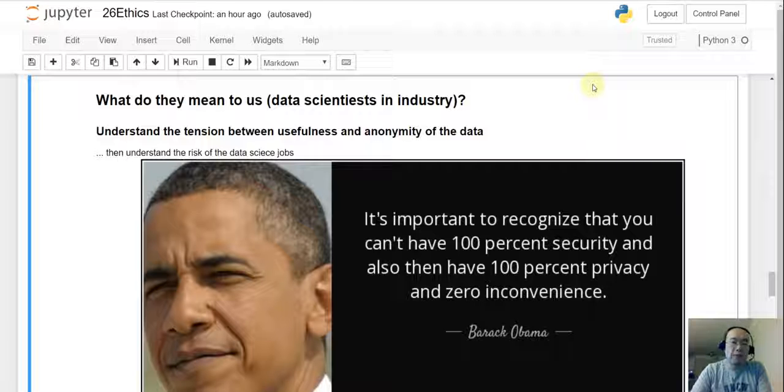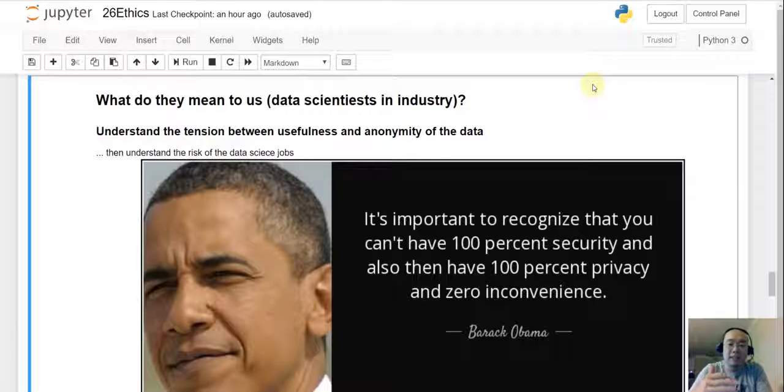So the very first thing is to understand the tension between the usefulness and the anonymity of the data. What I mean is I can't have really useful data and yet have a really high standard of anonymity, especially if this data is generated by people.